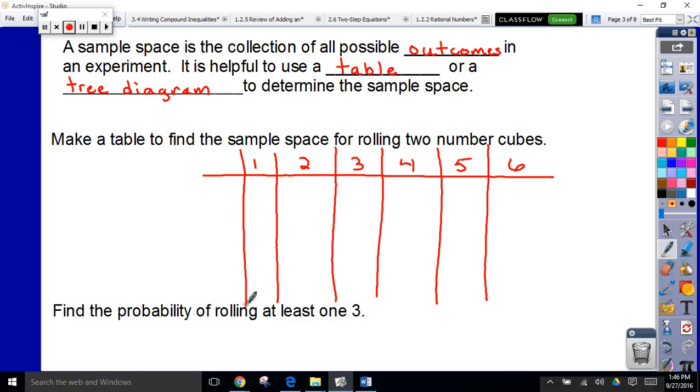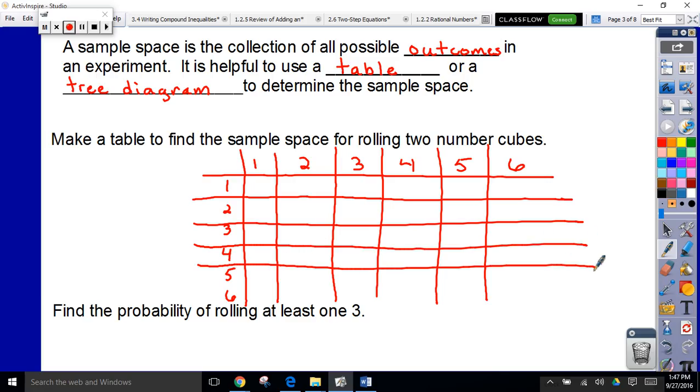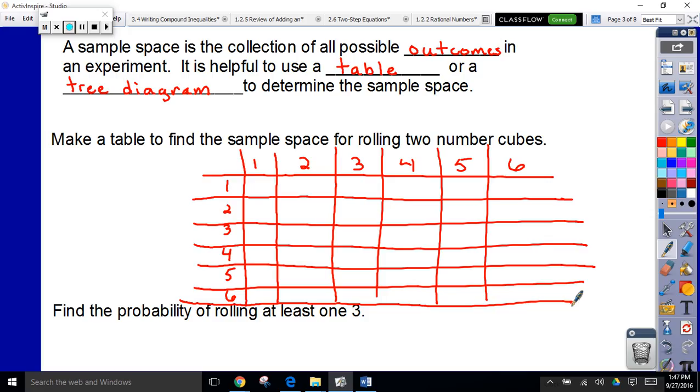So for my other number cube, I could also roll a 1, a 2, a 3, a 4, a 5, or a 6. Okay, so now I can organize all of my possibilities.